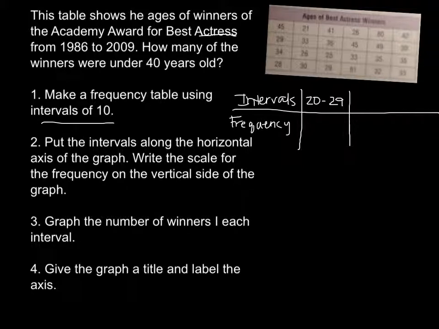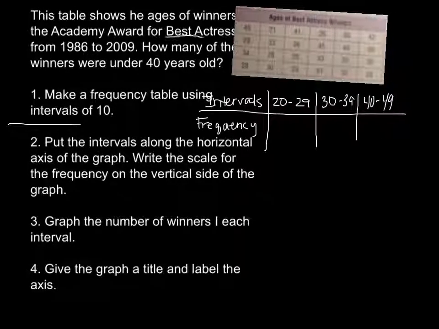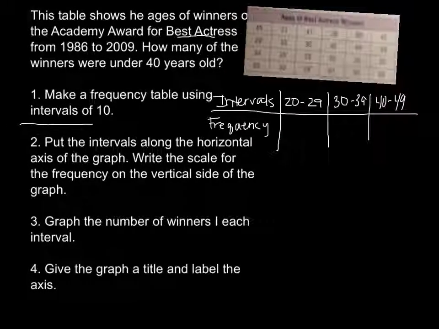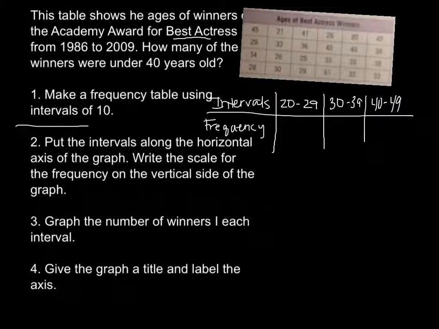Then we have 30 to 39. We have 40 to 49. Better scooch this little guy over here. Oh, I'm not going to be able to fit it. Then we have 50 to 59.